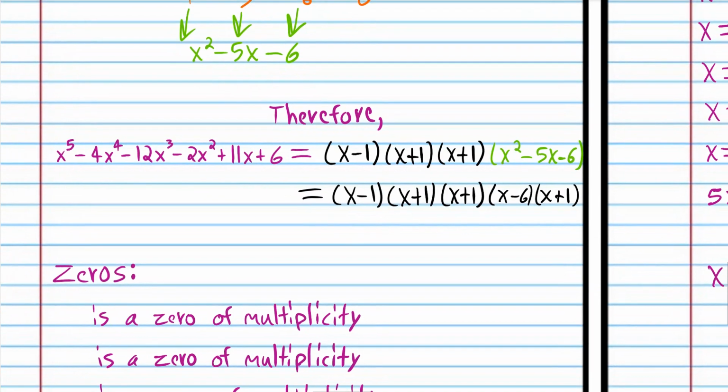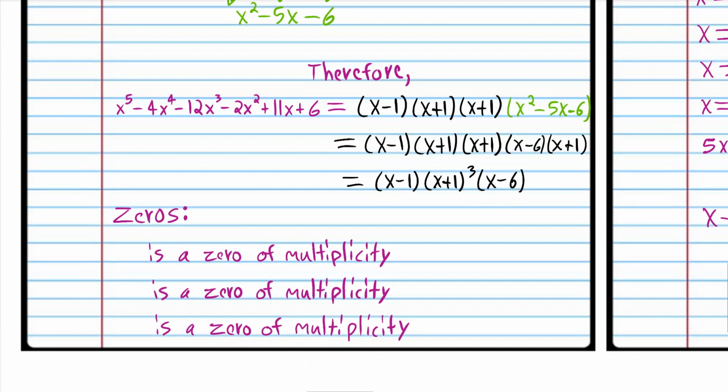So we can put this in exponential form, so we have x minus 1 times x plus 1 to the 3rd power, because there's 3 of those factors, times x minus 6.